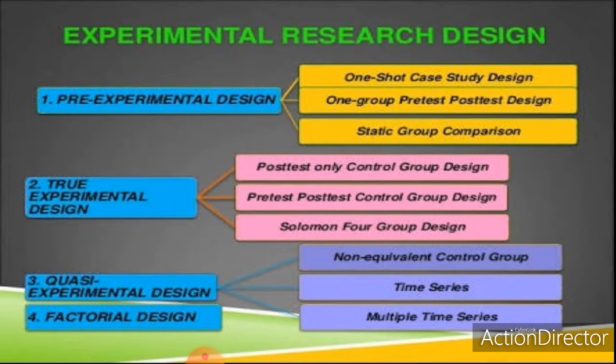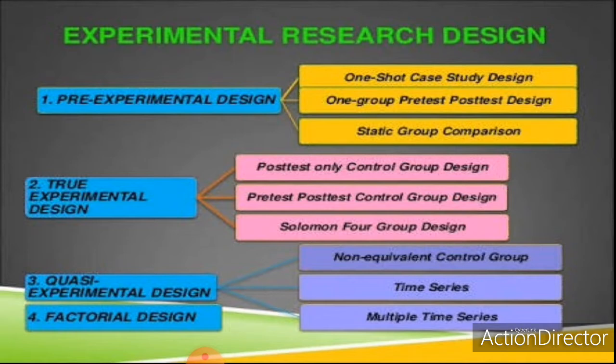Once again, experimental research design has 4 categories or 4 types. They are pre-experimental design, true experimental design, quasi-experimental design and factorial design. Pre-experimental design has further 3 classifications. They are one-shot case study design, one group pre-test, post-test design and static group comparison design.